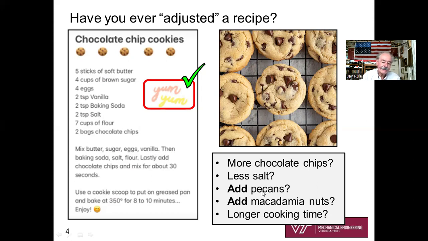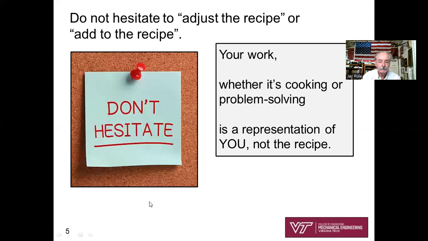Or I might want to add to the recipe. I might want to add pecans, or even better, add macadamia nuts. Or you've had some experience: I might need to cook these cookies a little longer or a little shorter. So you're either adjusting your recipe or you might be adding a couple of things to your recipe.